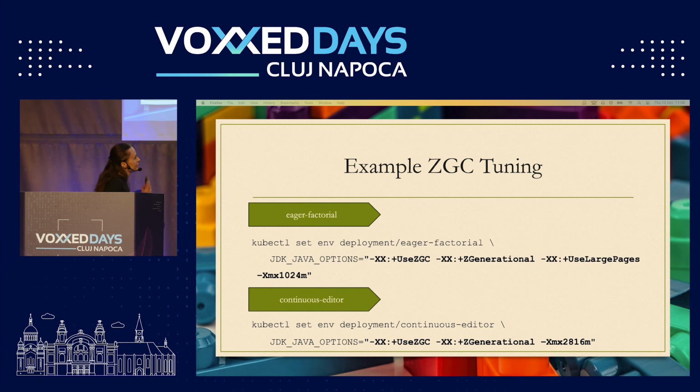So, if I want to fine-tune this, in case of my application that is more CPU intensive, I'll use the -XX:+UseLargePages flag to commit eagerly the large pages in memory. While in case of the continuous editor, I'll just keep the -Xmx flag there.